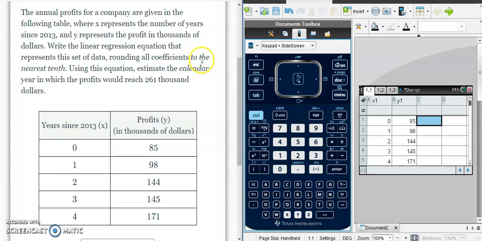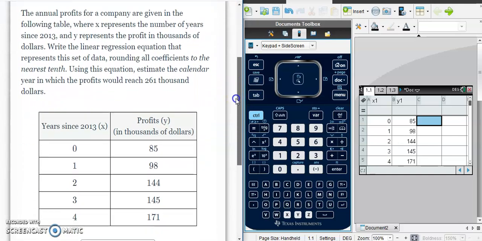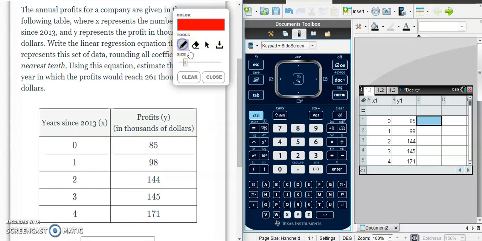This first problem here is just coming from Delta Math. So you're in the assignment. Let's say this is one of the problem types that you're given. One thing that you'll need to be able to recognize is that it's going to tell you what type of regression. In this case, write the linear regression equation. That lets you know, am I doing a linear regression?